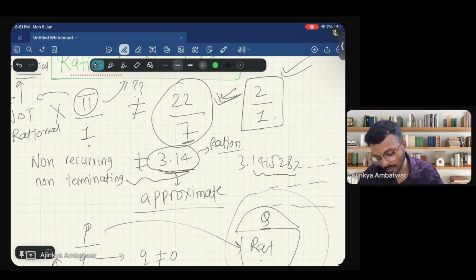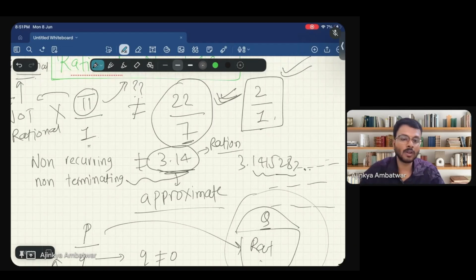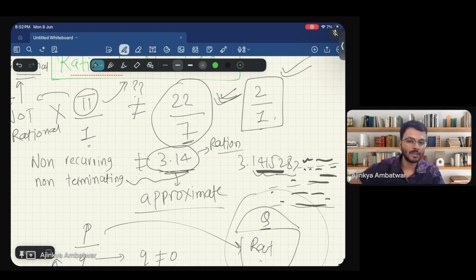Pi is some 3.1415287 dot dot dot, some random numbers. It's never recurring. This will never appear again anywhere. Every time you see there is a new pattern of numbers until infinity. It doesn't end, which means pi is non-recurring. There is no repetition. Recurring matlab repetition.